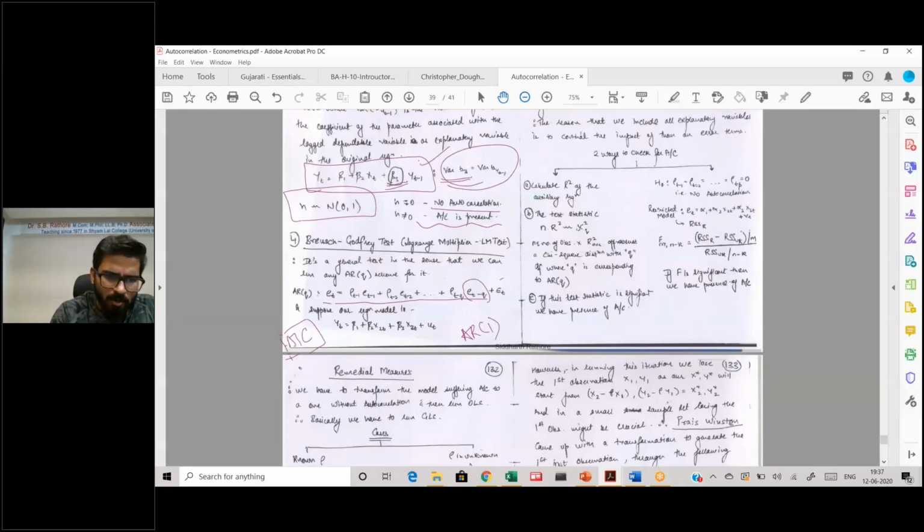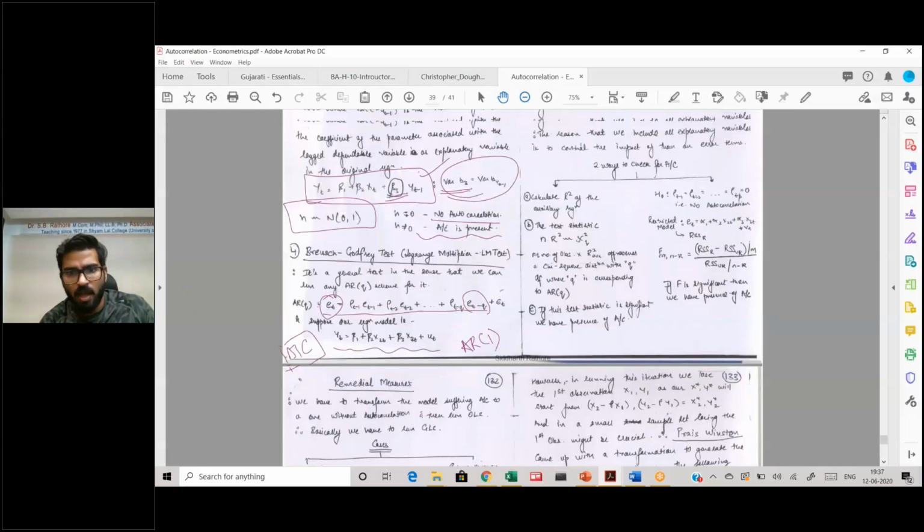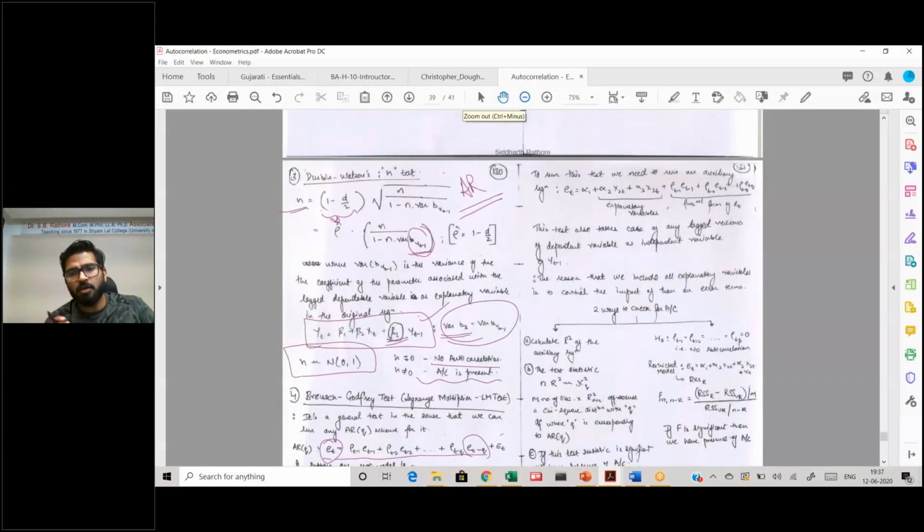So your error term in this particular period is dependent not only on the previous period, not only on the previous to previous period, but till the previous q period as well. And you are estimating this regression. So this is the normal regression equation that we have. And what we now do is run an auxiliary regression.